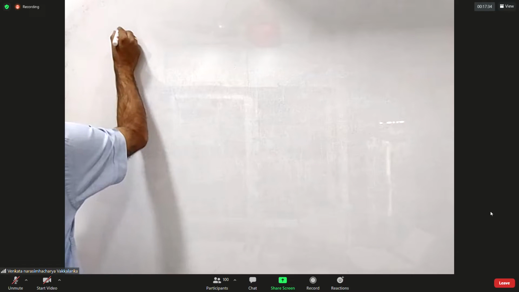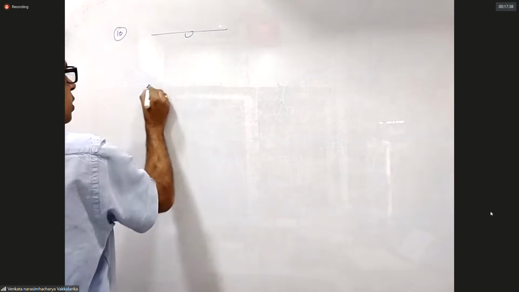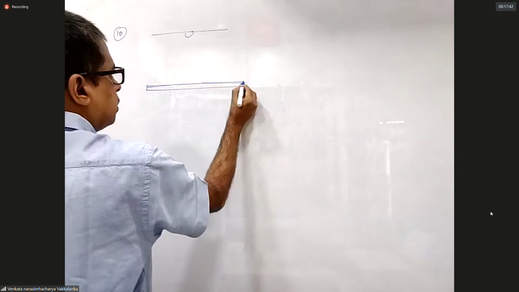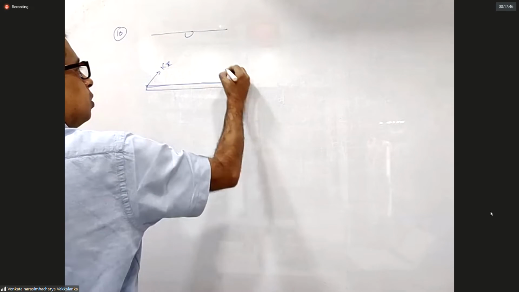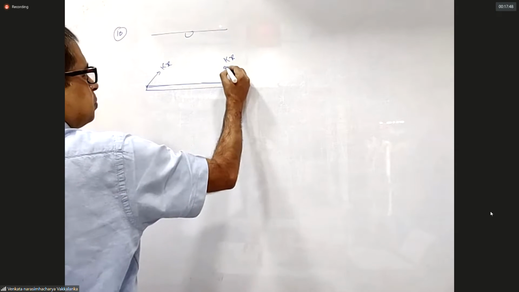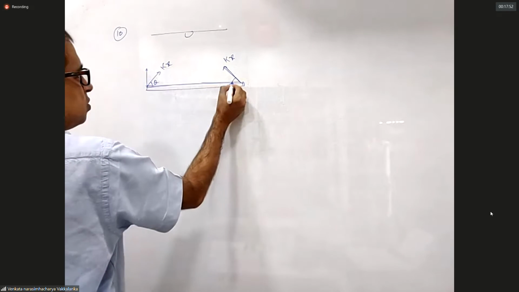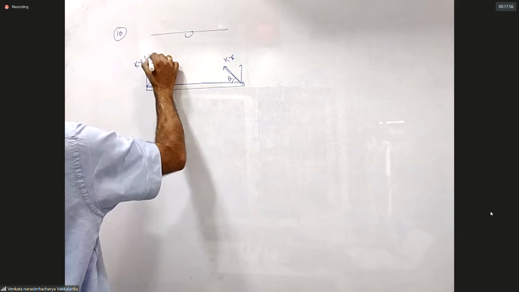Have a look. 10th question. This is an important question when it comes to the perspective of taking the torque equation. This will be Kx, this will also be Kx, identical springs. So if this is theta, it will be Kx sin theta.